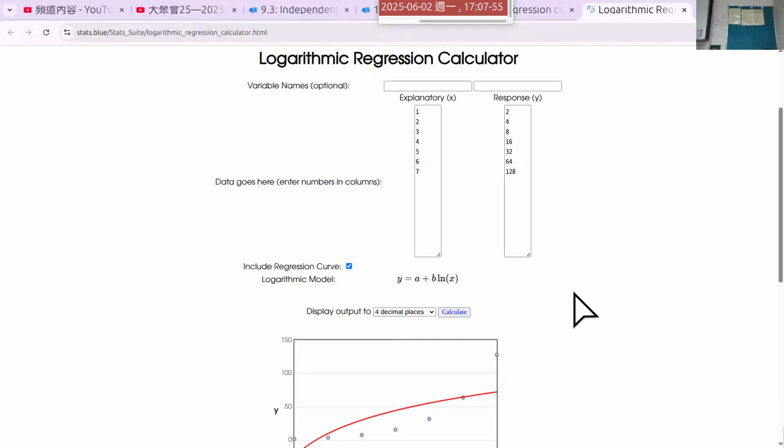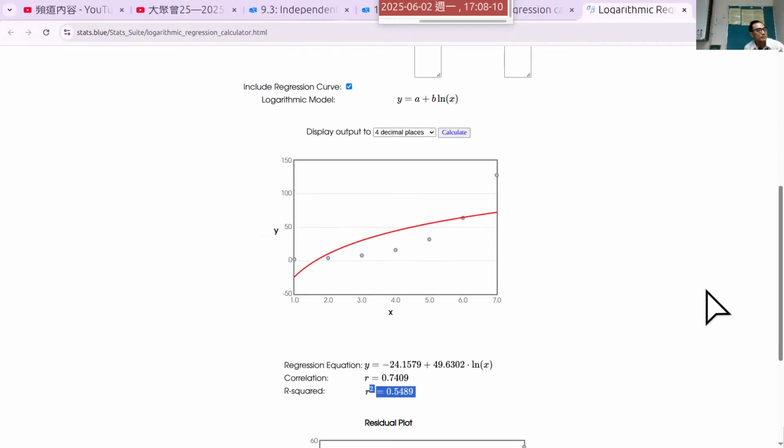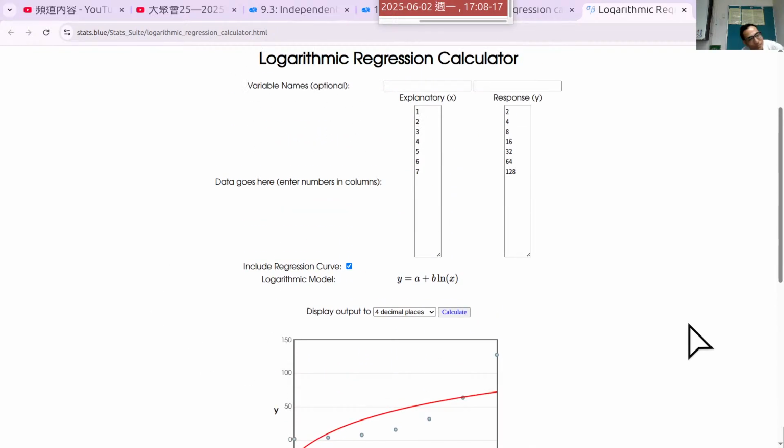Why? I expected that the line is very, very beautiful. But why is the value not so good? Look like this. Who can tell me?